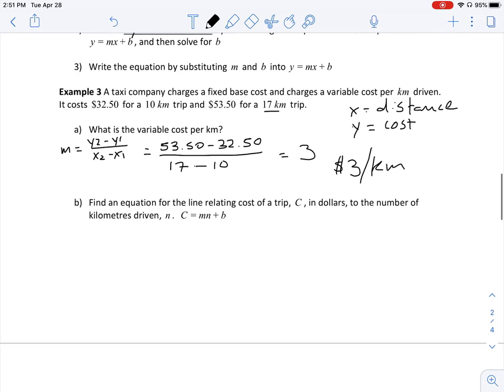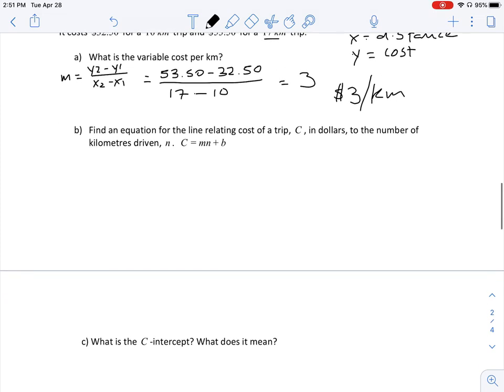Find an equation for the line relating the cost of a trip, represented by C in dollars, to the number of kilometers driven, N. The equation is cost equals the rate of change times the number of kilometers driven plus b, which would be our initial cost.